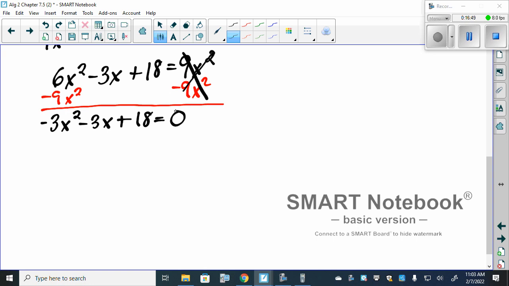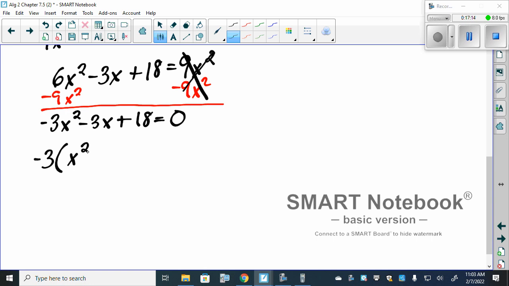Now, we can try to factor this. And before we do any factoring, we need to see, is there a greatest common factor? Negative 3. And it does make it a little bit easier to work with if we factor the negative out with the 3. Because if I factor a negative 3 out of negative 3x squared, we're just left with the x squared.